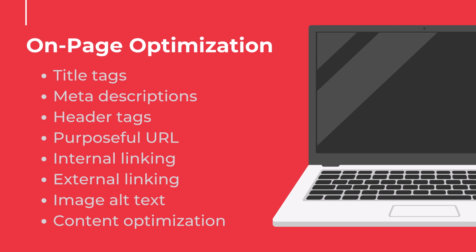So this includes the title tags, meta descriptions, header tags, purposeful URL usage, internal links and external links to help boost your authority, your image alt text, and general content optimization. Now that is quite the list, so let's start diving into what each of these elements are.